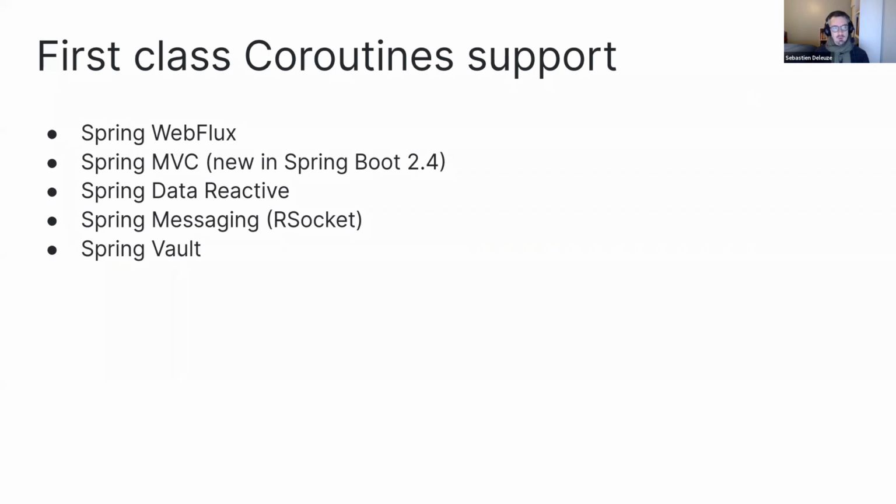That is a little bit less powerful than WebFlux, but that will do the job most of the time for some simple use cases. That's new in Spring Boot 2.4, so feel free to take advantage of that.